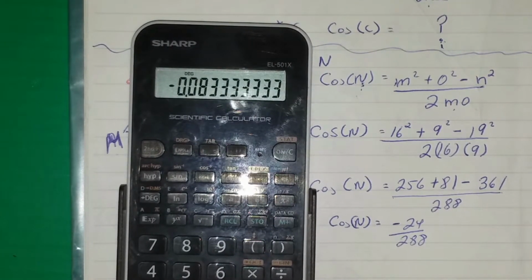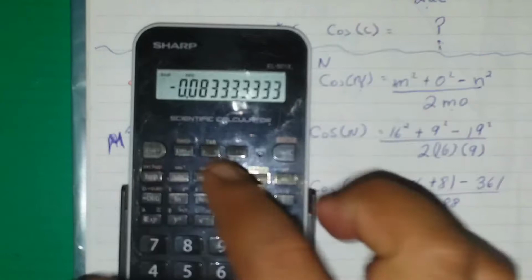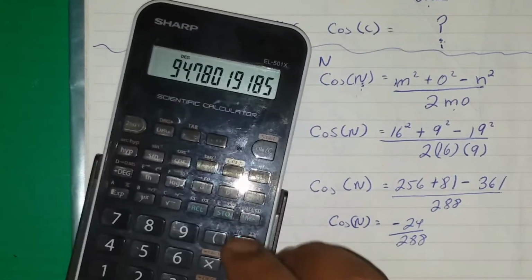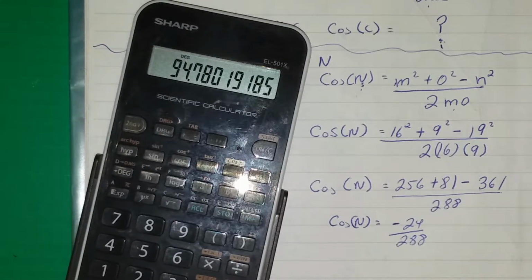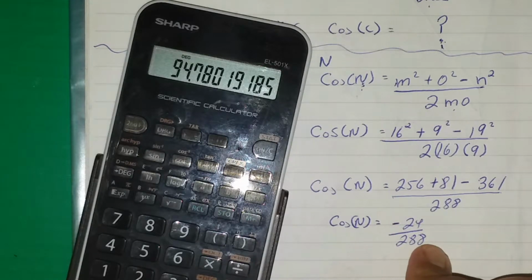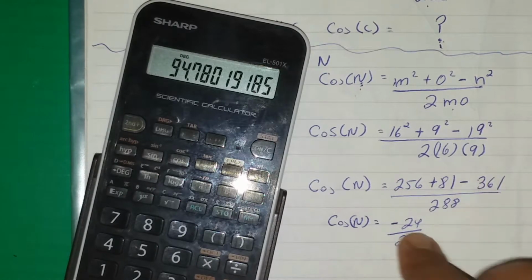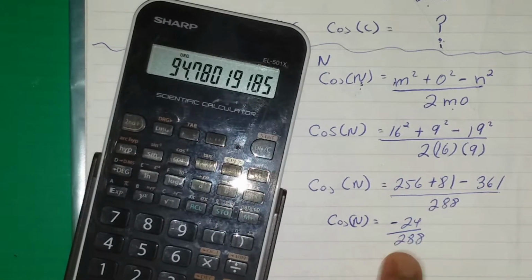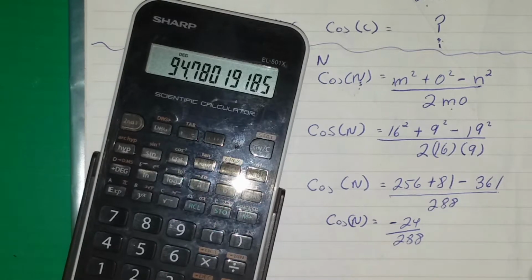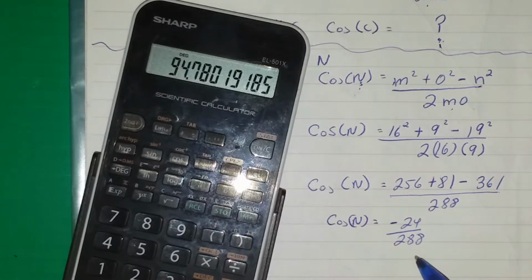Then we use the second function of cosine, right? Now notice, I went a little bit fast here. Whenever you solve the top, you get negative 24, and then that's divided by 288. Notice that here we would have gotten a 0.0 something, but we can't give an answer like that.